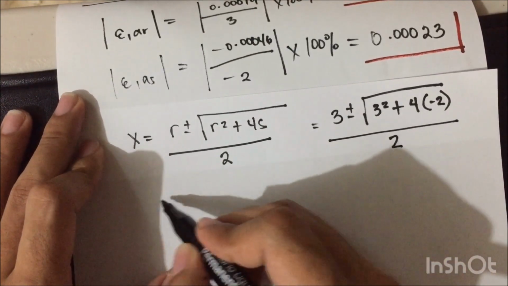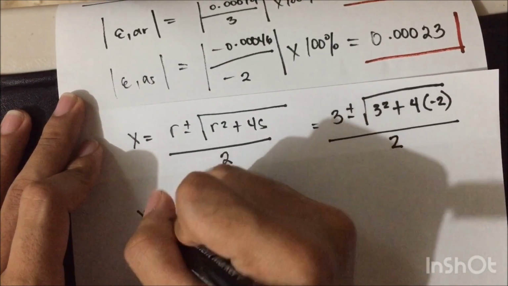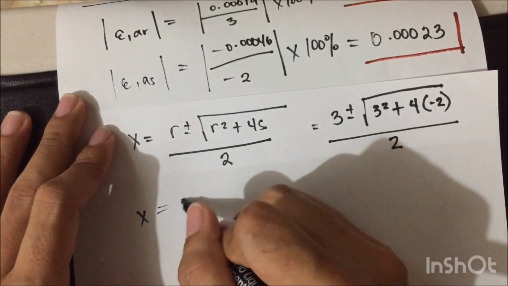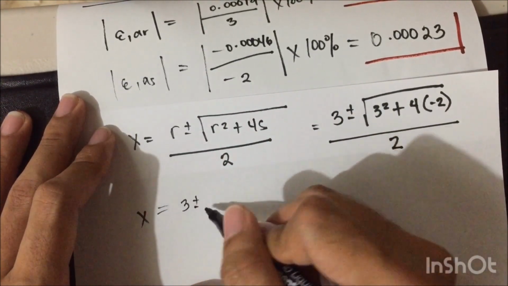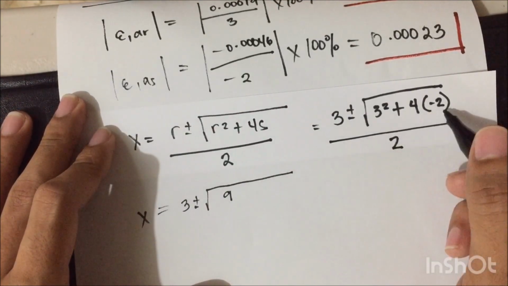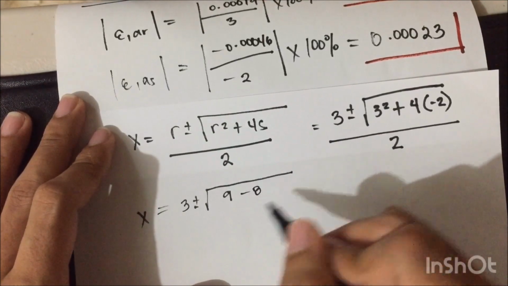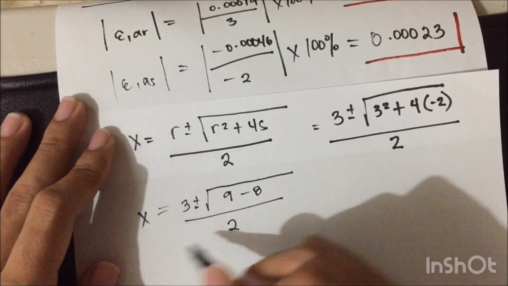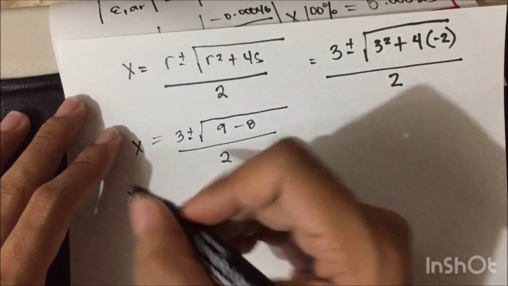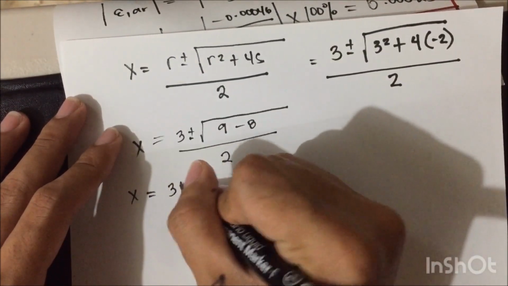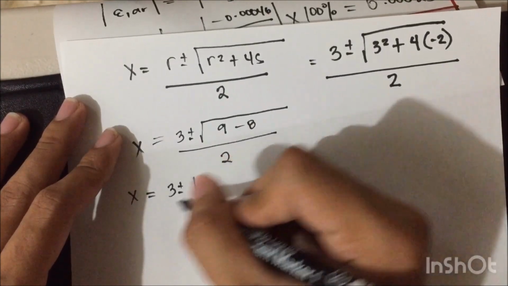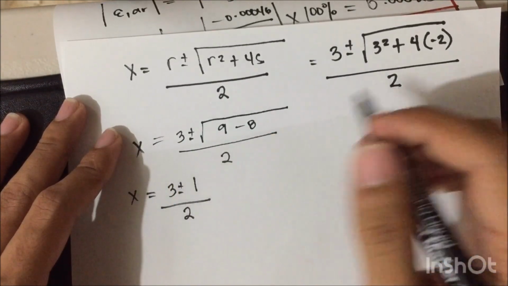So there we have x will be equal to 3 plus or minus square root of 9 minus 8 over 2 is equal to 3 plus or minus square root of 1, which is 1 over 2.